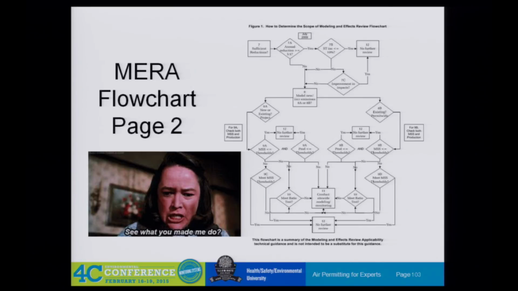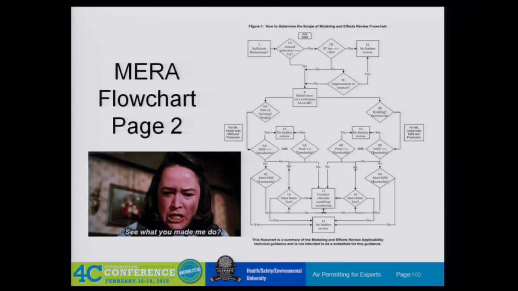What you want to do when you get one of these modeling analyses is eliminate the number of compounds that you model. You usually do that by looking at the effect screening level to emission rate ratio to determine 5 or 6 worst case compounds, and you run them through the process, knowing that if they pass with a higher emission rate to ESL ratio, the other ones that are less stringent are going to pass too.